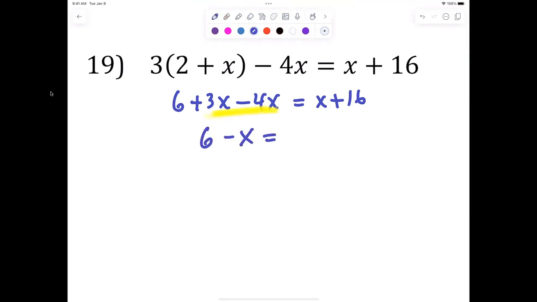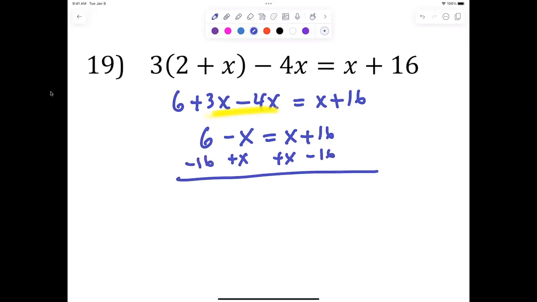Negative x. That is correct. Now I'm going to add x. Subtract 16. 2x equals negative 10. X equals negative 5. Good for you, Greep. Go.